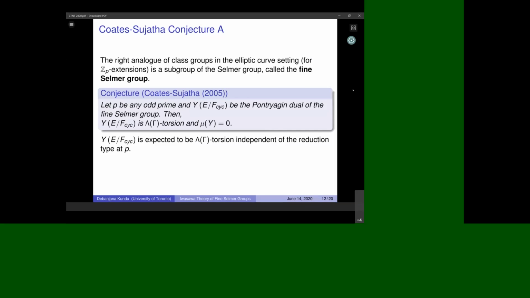And they conjectured that the mu invariant that you should be able to associate with the fine Selmer group should in fact be equal to 0. One thing I should point out is that the dual fine Selmer group is a quotient of the dual Selmer group, and you always expect it to be Lambda torsion, irrespective of the reduction type. So the mu invariant is always going to be defined. And it is known in some cases that it is in fact always Lambda(Gamma) torsion, due to some results of Kato.